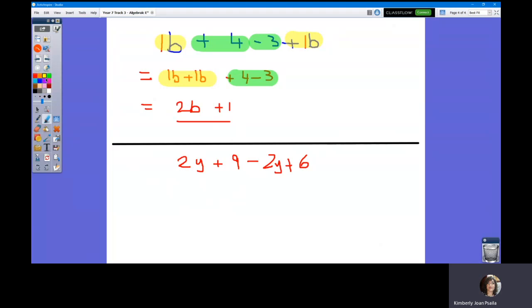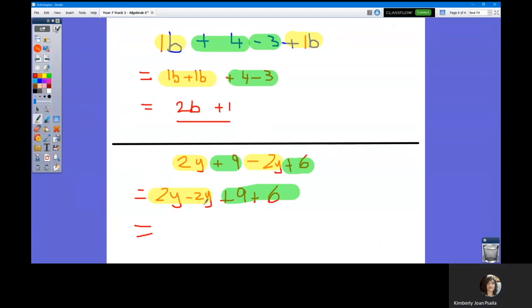Okay, so here you have 2y belonging with minus 2y, plus 9 belonging with plus 6. We collect the like terms, so 2y minus 2y plus 9 plus 6. Okay, so here you have 2y minus 2y plus 9 plus 6. And then we should simplify our expression.